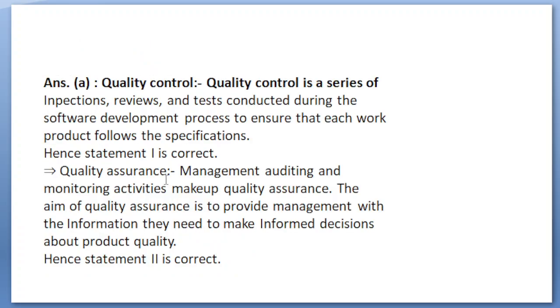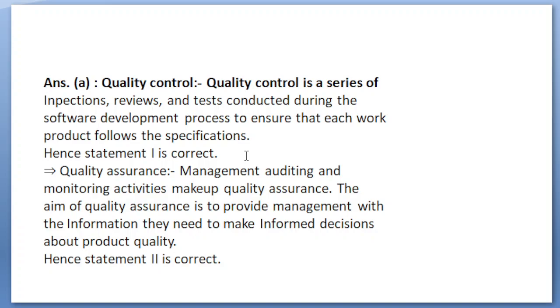Let's check the definition of quality control. Quality control is a series of inspections, reviews, and tests conducted during the software development process to ensure that each work product follows the specification. So statement 1 is correct. Quality control means a series of steps conducted during the software development process.